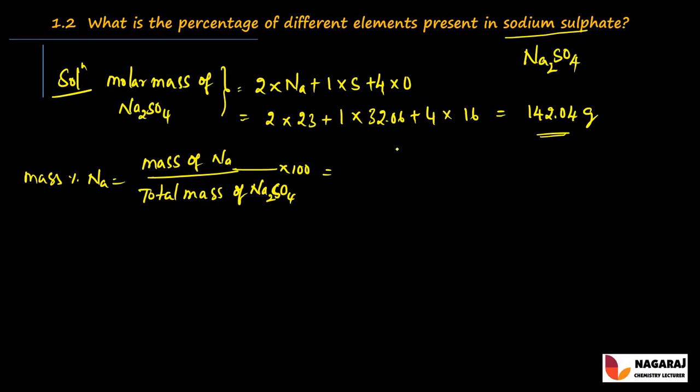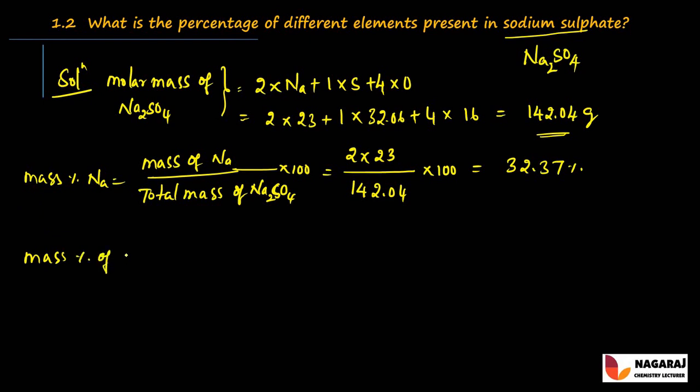The formula contains 2 sodium atoms, so it is 2 into the atomic mass of sodium, 23, divided by the total mass, 142.04, into 100. So on simplification it gives 32.37%.